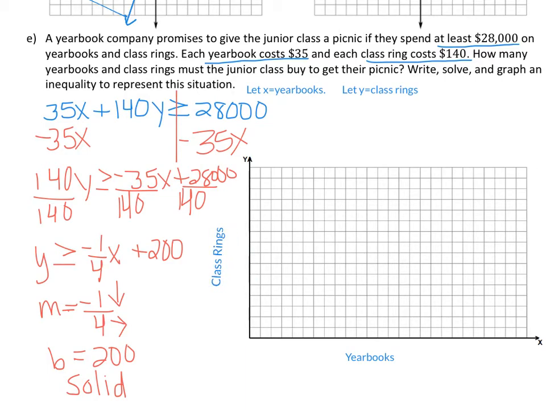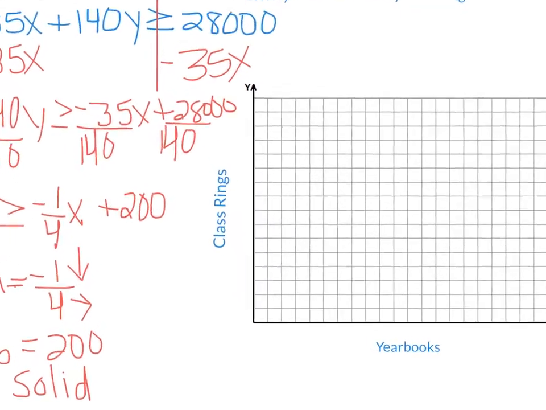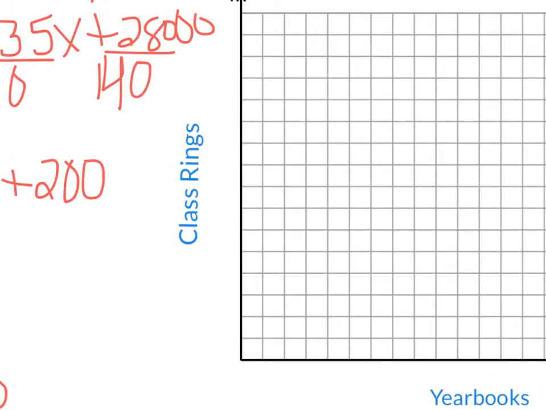Okay. I need a scale. My y-intercept is 200, so I'm going to go ahead and count by 25s, but I'm going to skip a bunch of lines when I do that. Or not 25s, let's count by 20s. Take that back. So 20, 40, 60, 80.